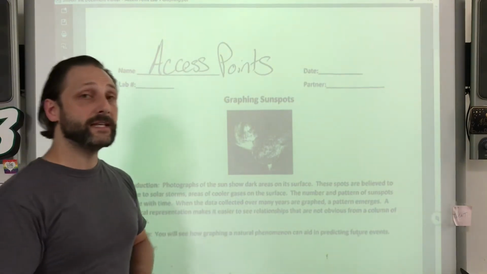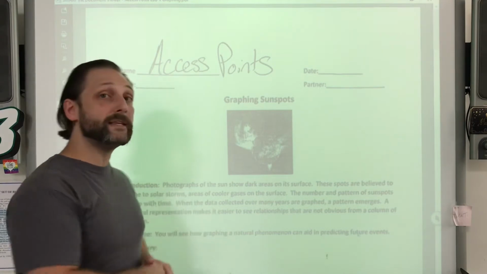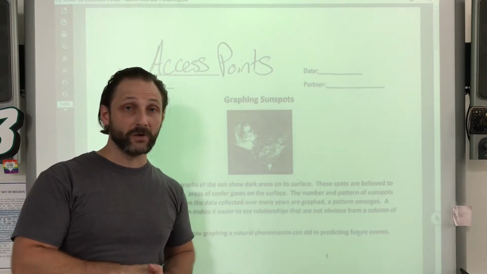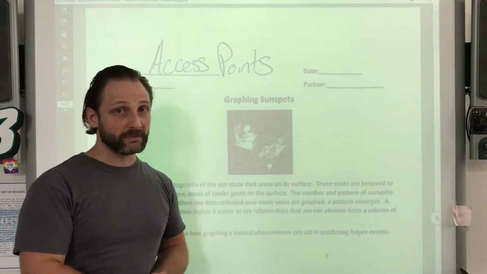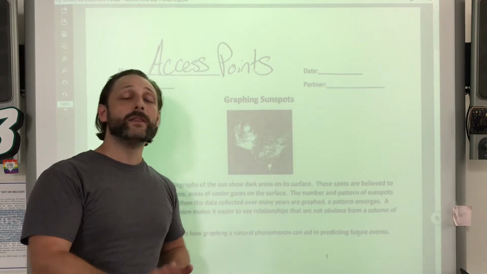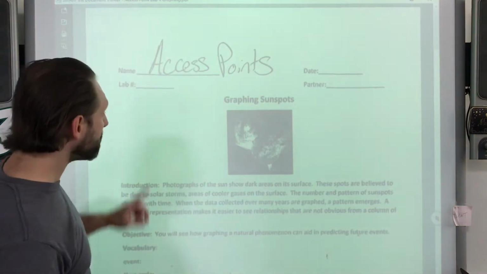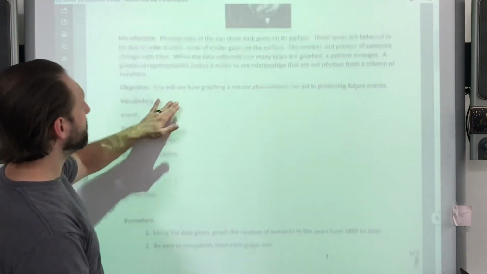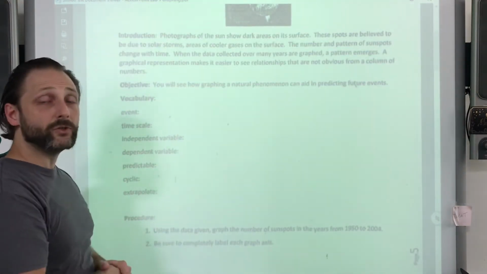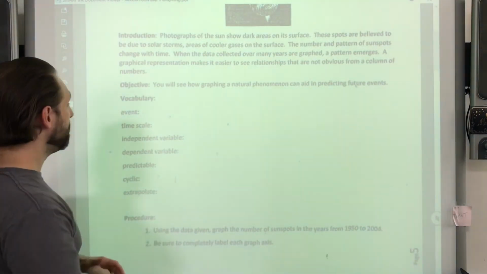I would suggest the easiest place to work off of will be the access point rather than the one in your notes. But if you need to see something more clearly that was photocopied, the original PDF of the notes may help you. All right, so here we've got our vocabulary, which you should be able to fill out.